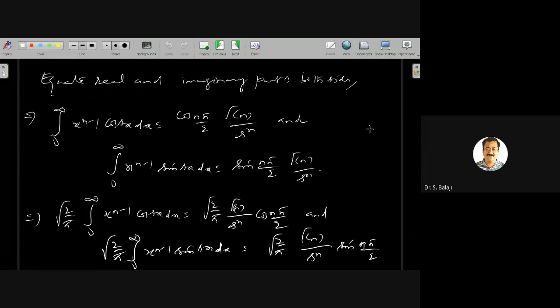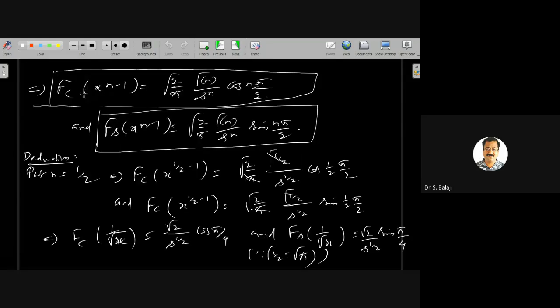Therefore, the Fourier cosine transform of x^(n-1) equals root of 2/π Γ(n)/s^n cos(nπ/2). Similarly, the Fourier sine transform of x^(n-1) equals root of 2/π Γ(n)/s^n sin(nπ/2).